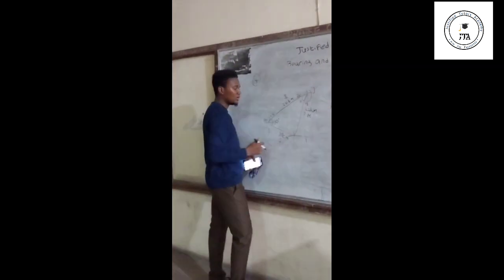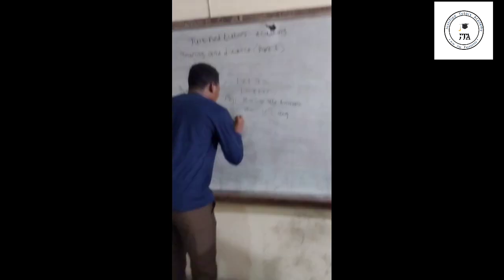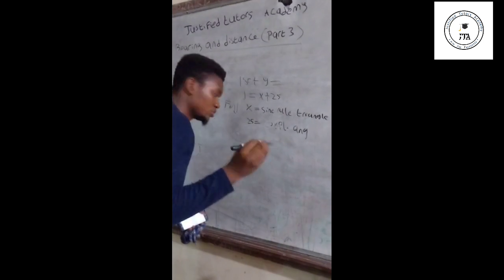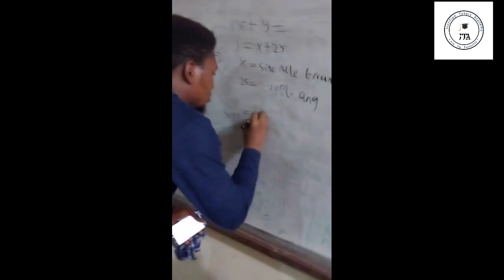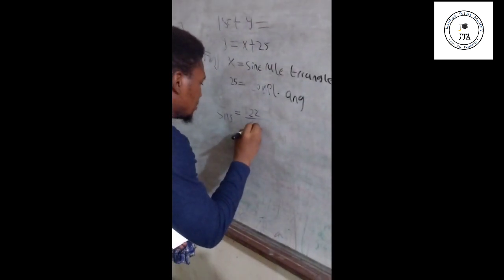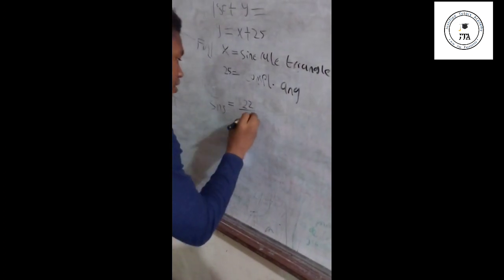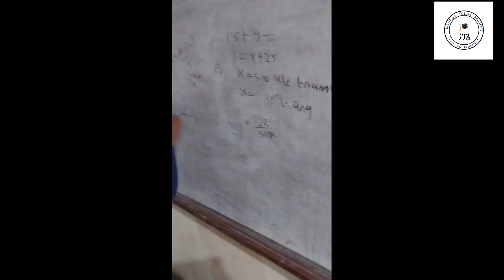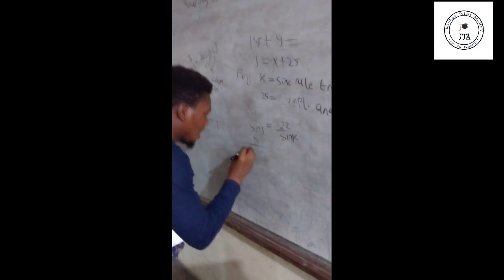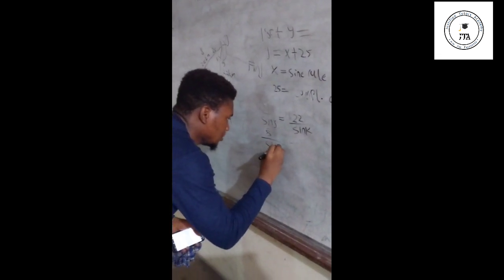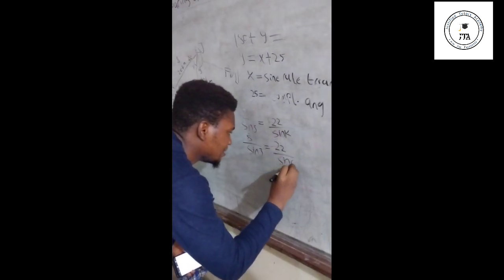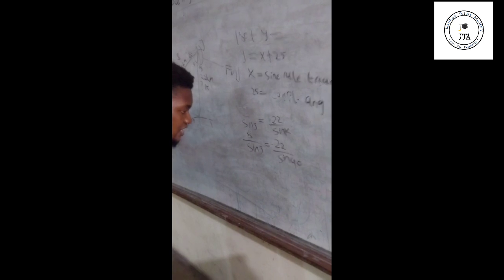So now we have J over sine J equals 22 over sine K. J is 8 kilometers, and we are finding sine J equals 22 over sine 90, because the angle at K is 90 degrees.